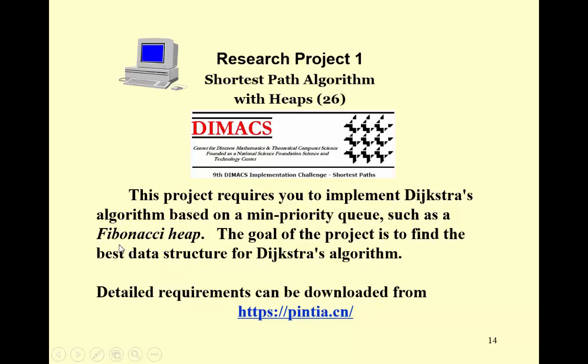So you're supposed to compare at least 2 different heap structures, and the Fibonacci heap must be one of them. If you decide to try this, you can visit the website of this organization, and you can also download the USA road networks for evaluation. Okay, have fun.